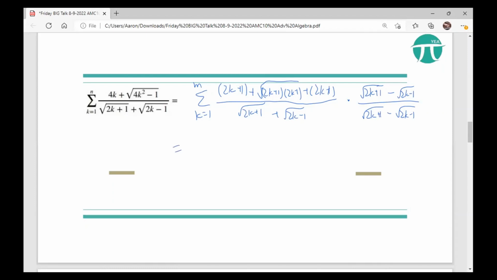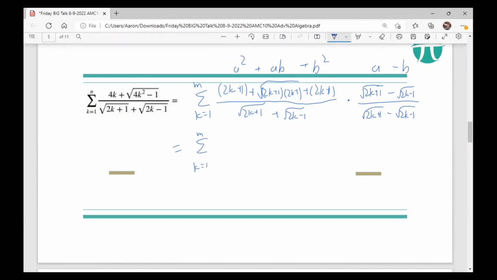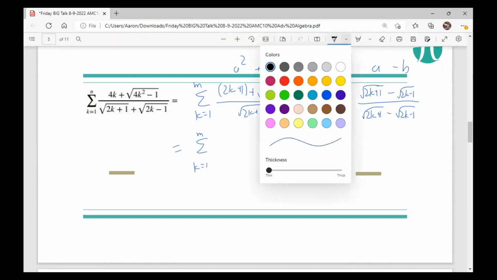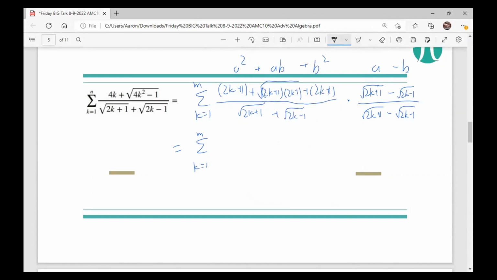And so the numerator forms a difference of cubes, because this is a squared plus ab plus b squared, and this is a minus b. So the ending result is that this is equal to the square root of 2k plus 1 cubed minus the square root of 2k minus 1 cubed, all divided by 2k plus 1 minus 2k minus 1.